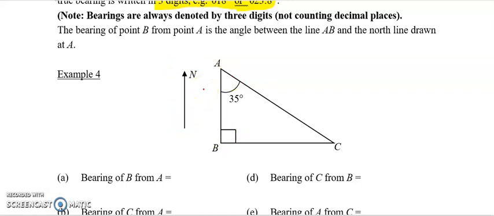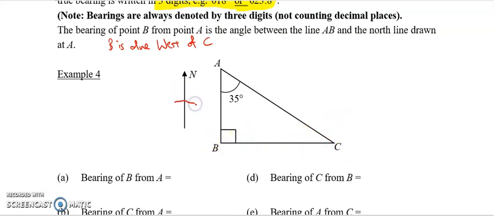In this case, we can say that A is directly north of B, and C is directly east of B. Or we can say that B is due west of C, because if we are standing at point C, B is to the west of us.